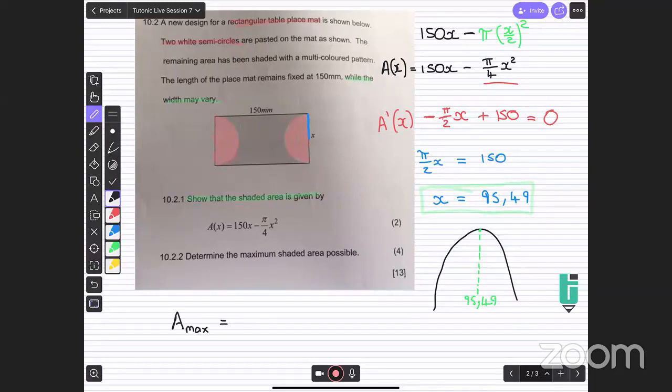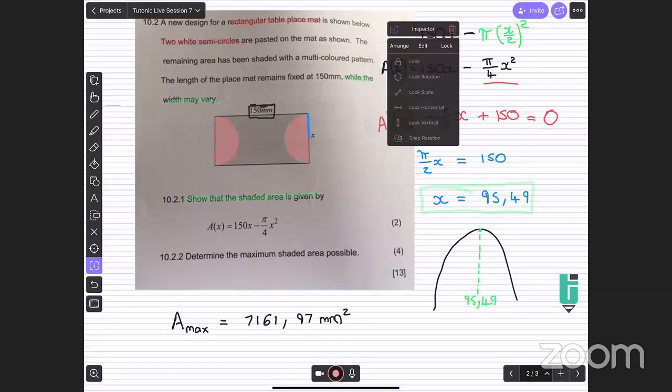Anyone doing it? 7,161,97, and it's millimeters squared. So you mustn't forget the millimeters. Okay. So this is a very small table. It's only 15 centimeters, so it's not really that big. Everybody happy?